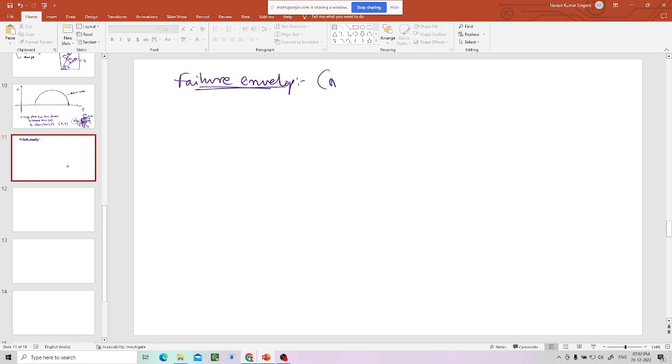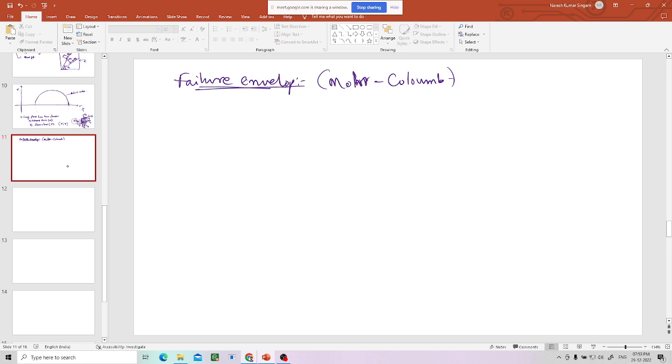Generally, whatever we study in soil mechanics, that failure envelope was derived by Mohr-Coulomb. First it was developed by Coulomb, then it was modified by Mohr, so that's why it is the Mohr-Coulomb failure envelope. So what does this failure envelope tell you?